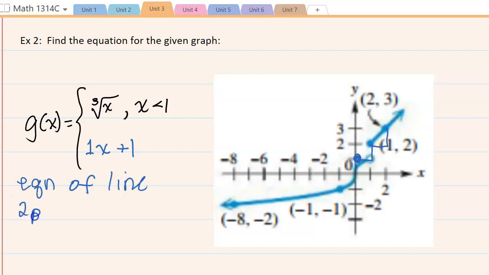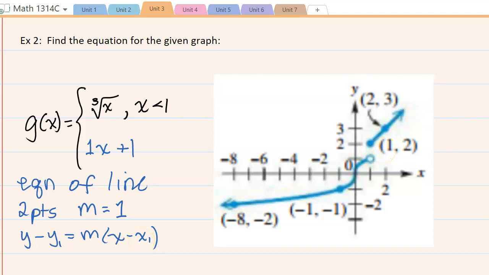So with 2 points, the first thing I would have to do is find the slope, which we already found to be 1. And the next step is to use y minus y1 is equal to m times x minus x1, so that we can find the equation of this line that we're talking about.